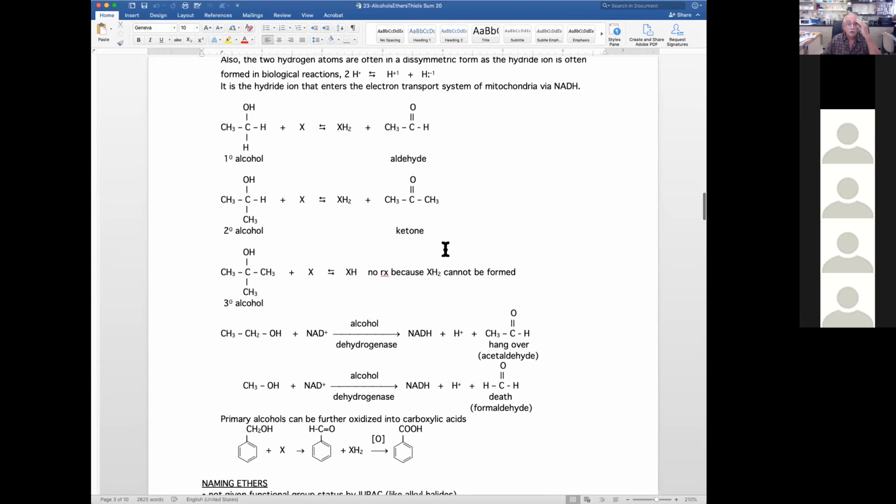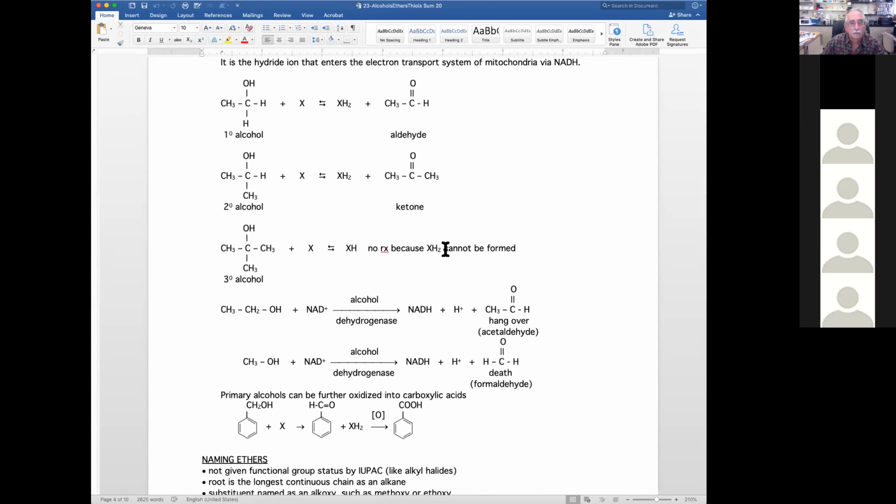So what happens if you oxidize an alcohol? And again, I want you to think, what if you had this on an exam? You're staring at this, not knowing quite what to do until you realize that that's an X. And what does X want to do? Turn into XH2. Not XH, always XH2. So that means I have to take 2 hydrogens from this primary alcohol.